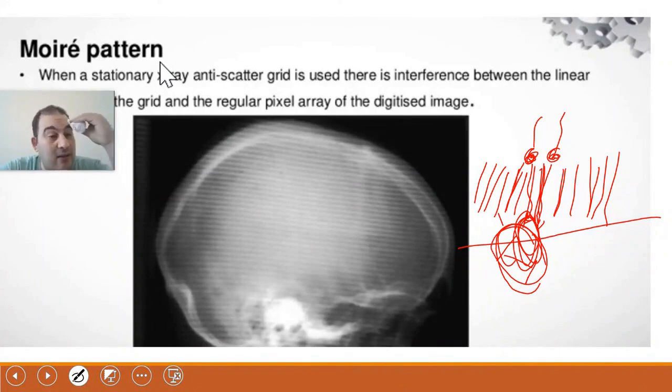The same idea we were discussing is that a large number of pixels gives more definition. The grid here also helps improve the definition, especially with the fixed grid in digital imaging, and it removes the aliasing artifacts.